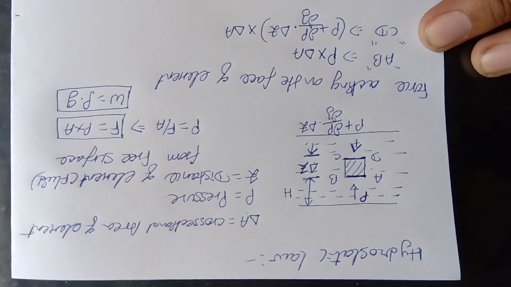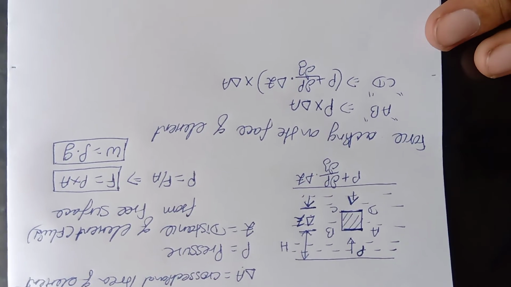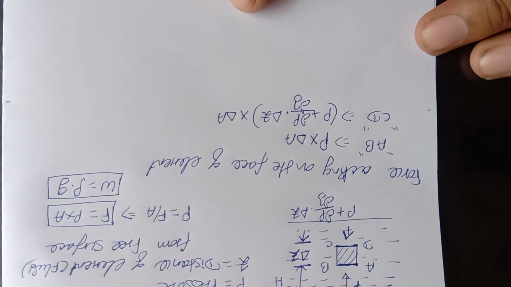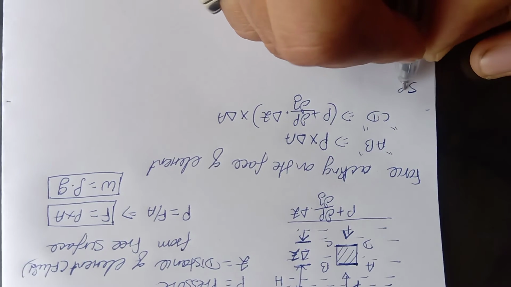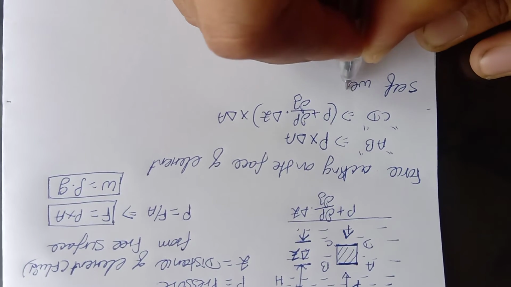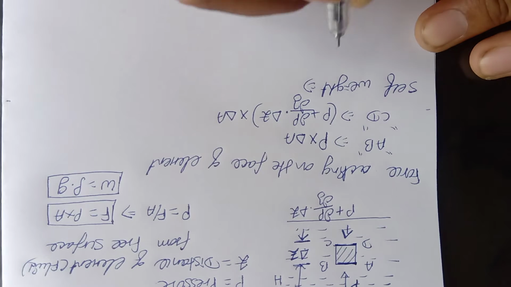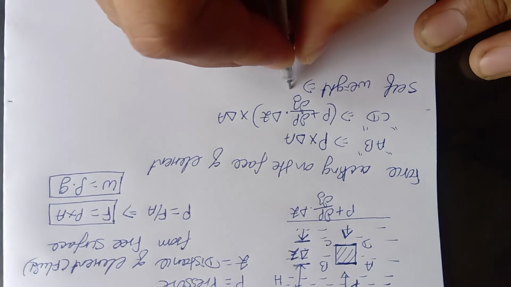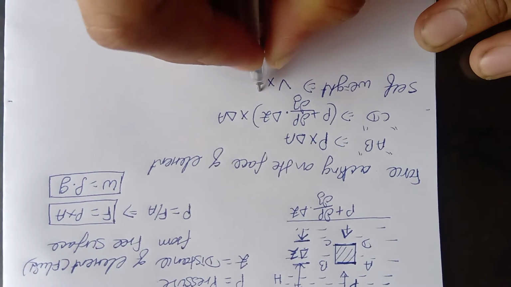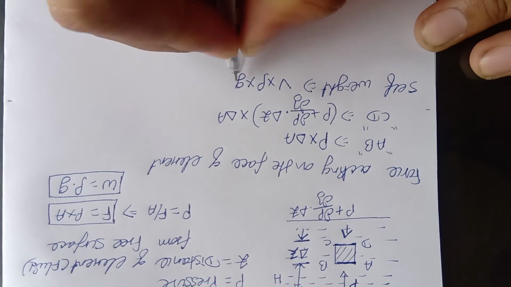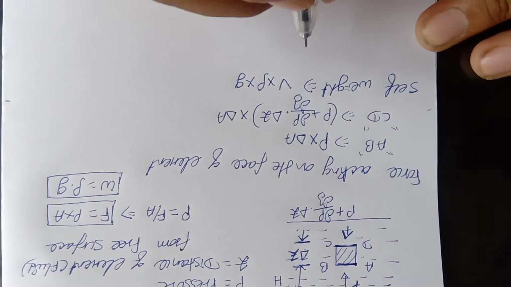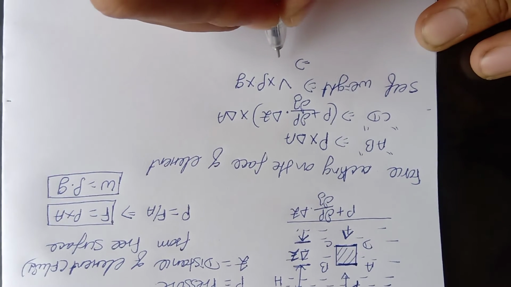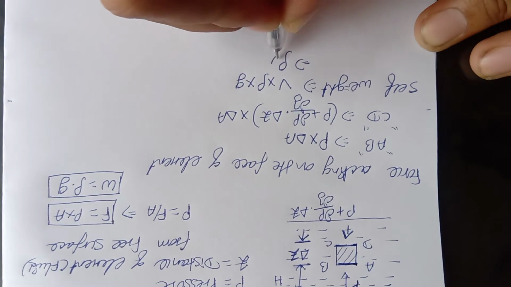Now see, we'll have some self weight of the fluid. If you remember my previous class, I told you what the self weight would be: volume into rho into g.